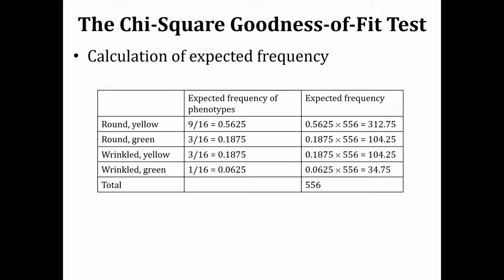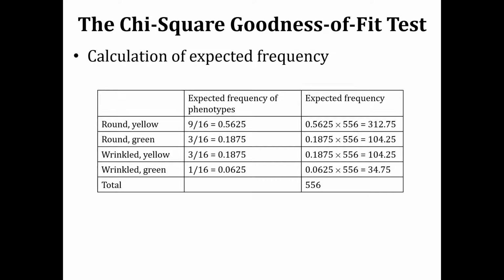We calculate the expected frequencies on the basis of this model. First of all, we calculate their proportion values. Round yellow, 9 by 16. What is the total of 9, 3, 3, 1? It is 16. So 9 by 16 is 0.5625, 3 by 16 is 0.1875, and 1 by 16 is 0.0625.